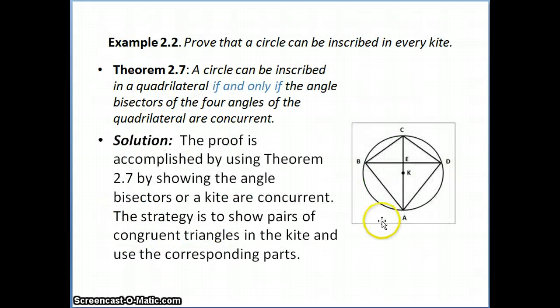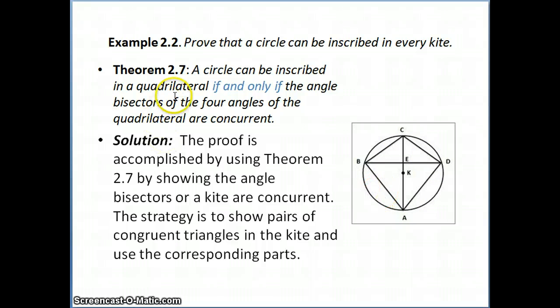Now we look at example 2.2. Prove that a circle can be inscribed in every kite. The definition of a kite has 2 pairs of congruent adjacent sides. So if we look at this kite, BC and CD are congruent, and AD and AB are congruent.